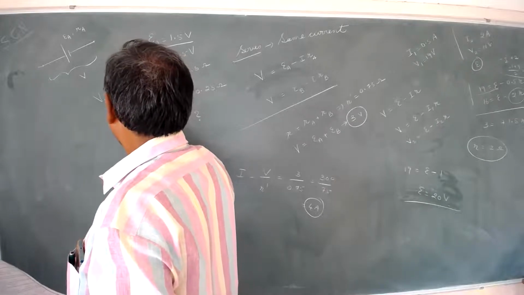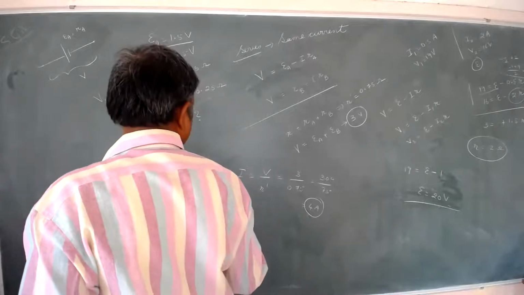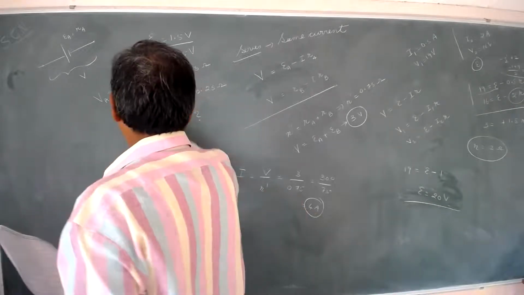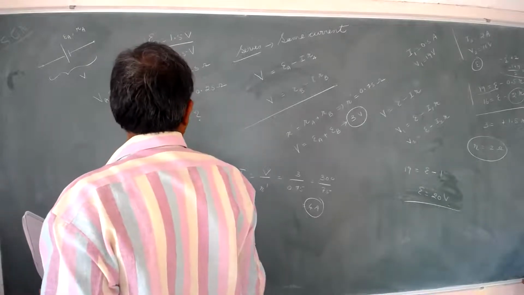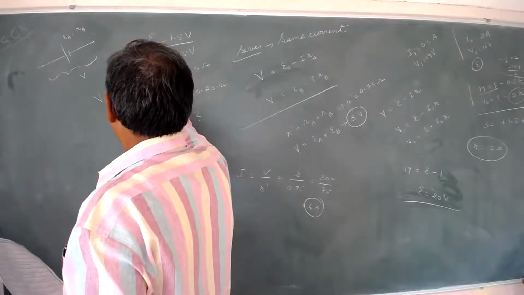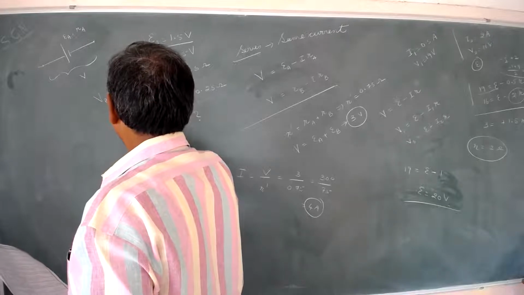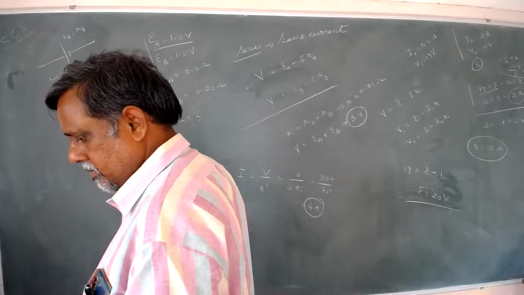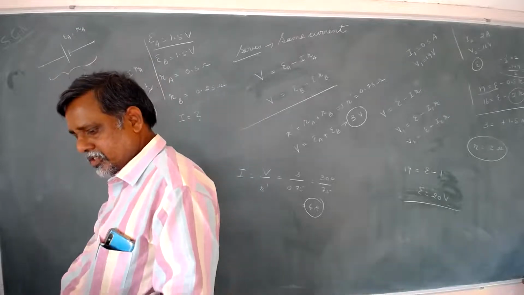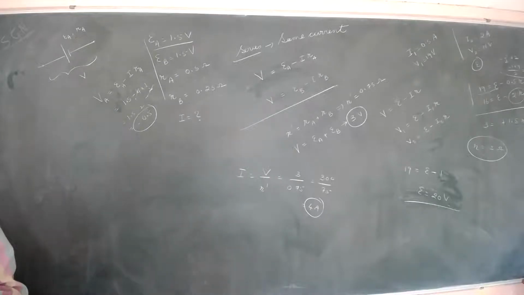So this is 1.5 minus 4 into RA, and 4 into 0.5 is 2. So 1.5 minus 2 is minus 0.5 volt.